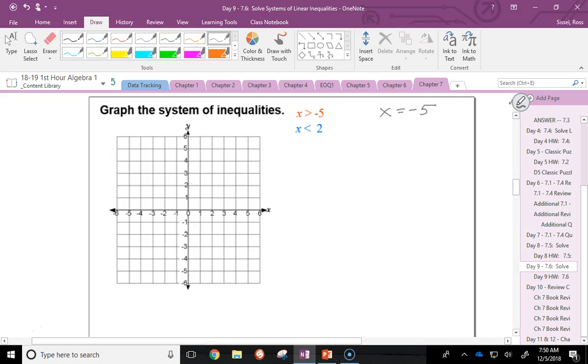That's our undefined line, vertical line. So I'm going to go to negative 5, and it's pretty much any of these points, correct? And so I'm going to use, like Maddie said, a dotted line.